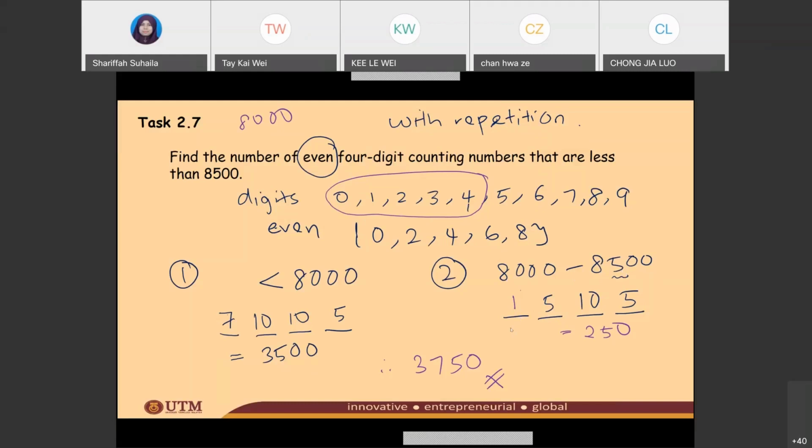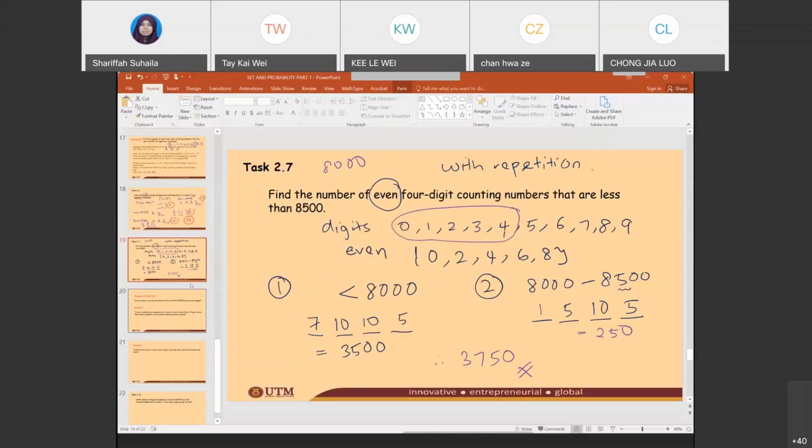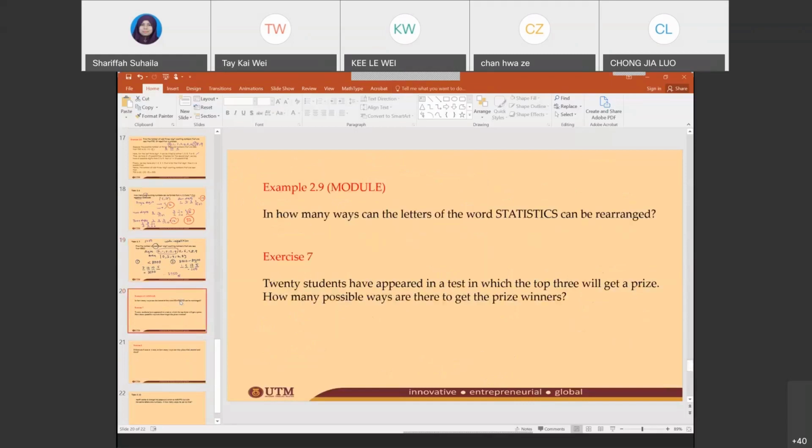Any questions? Okay, task 2.8 and task 2.9, I think you can do on your own.